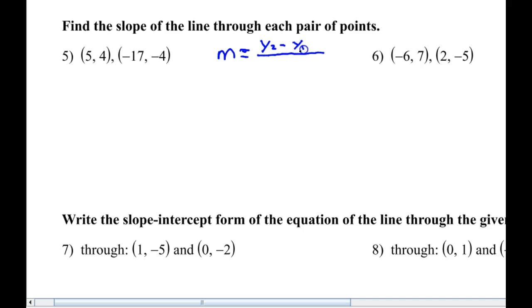Y2 minus Y1, the rise, and X2 minus X1, the run on the bottom. And I mentioned to you the most common mistake on here is usually negatives, so it's a good idea, at the very beginning when you use this formula, to just put in some parentheses, being subtracted on the top and bottom.